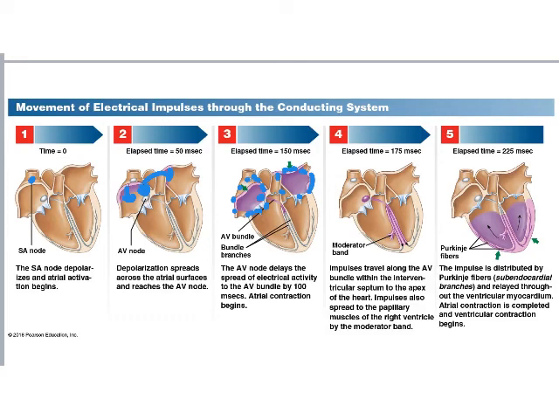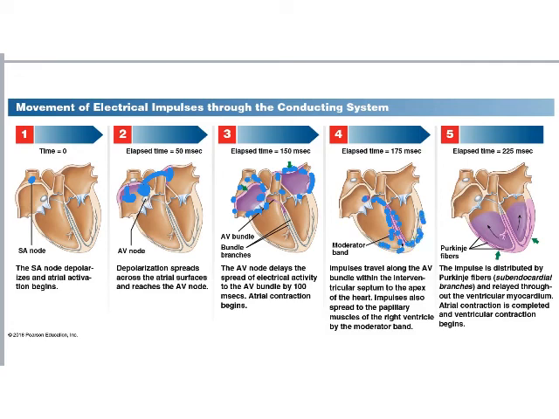So you're going to get contraction or systole of the atria at about the time that the signal is reaching the AV node. From the AV node, it's going to travel down the AV bundle, then the right and left bundle branches, the moderator band, and then the Purkinje fibers.